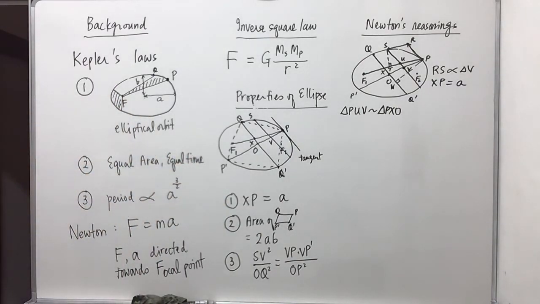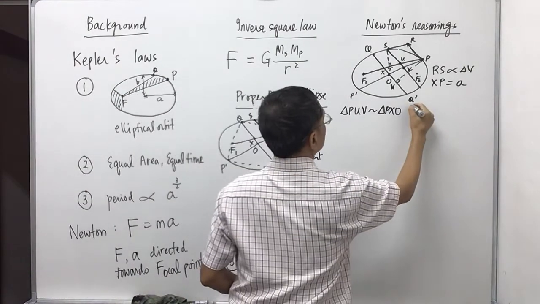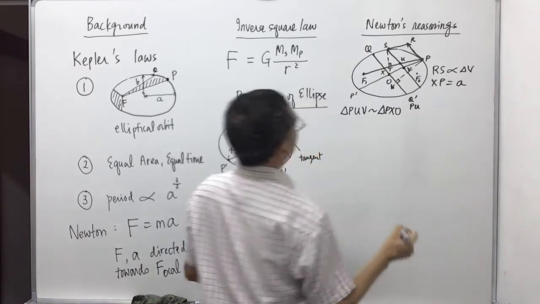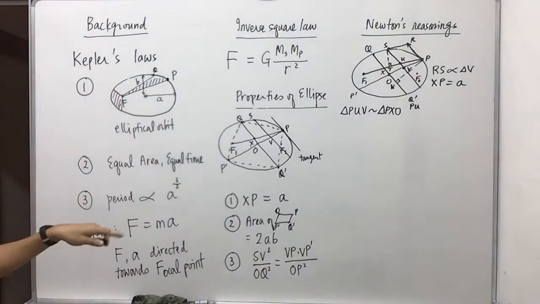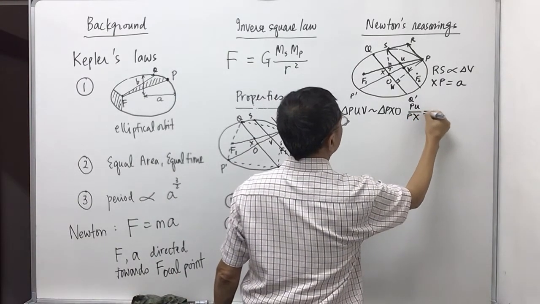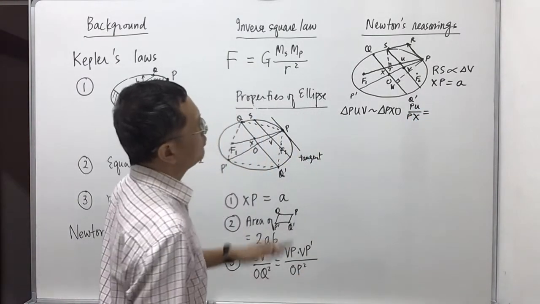So from there you can set up some ratio: PU to PX will be equal to PV to PO.